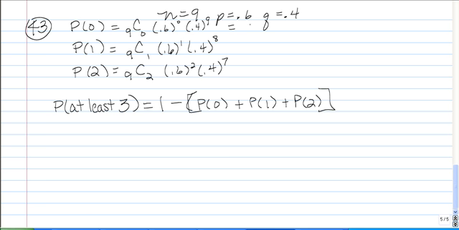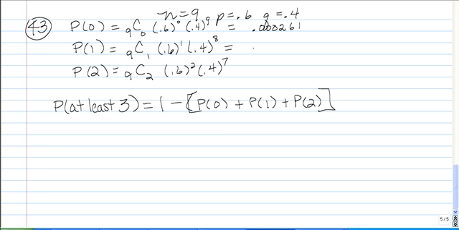I'm getting 2.62 times 10 to the negative 4. I'm just going to go ahead and write it in its decimal format. The next one, combinations of 9 taken 1 at a time, would be 9 times 0.6 times 0.4 raised to the 8th.